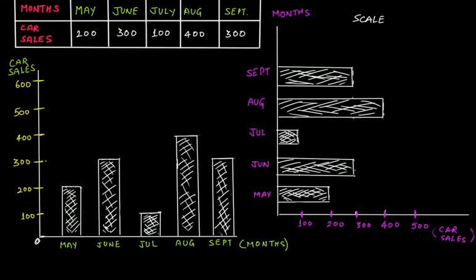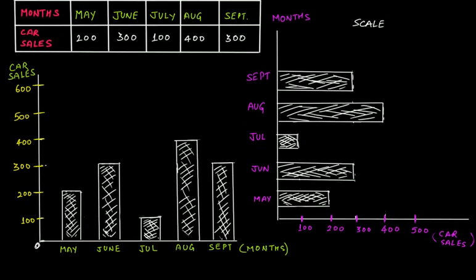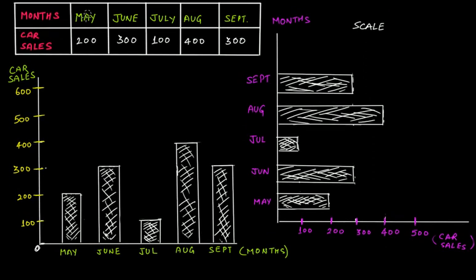Let me remove this data and just assume that you did not know this data, and only this diagram was given initially to you. Let's suppose that this diagram was given to you, and now it is being asked that can you fill this table using this graph? Of course we can. We know that the tip or the end point tells what?